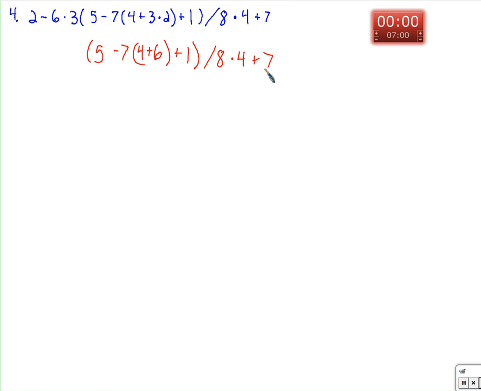How about -6 times 3? Can we do -6 times 3? We can, in case you're wondering. Because it's 2 minus 6 times 3, which is really plus this. Multiplication comes before addition. Okay?